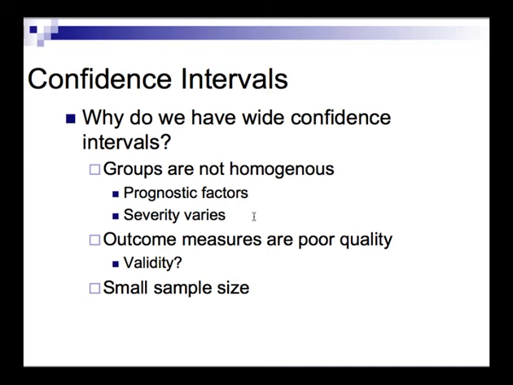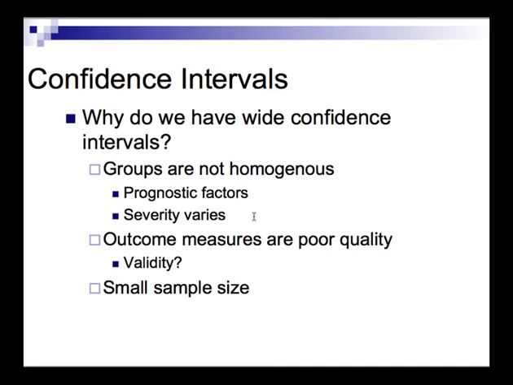But the idea is that there's not much homogeneity on severity. There may also be important prognostic factors, such as comorbidities, that may make people get better slower. So, for example, if they're older, or if they have diabetes, or if they have some kind of nutritional deficit, okay, some prognostic factors are more important than others.